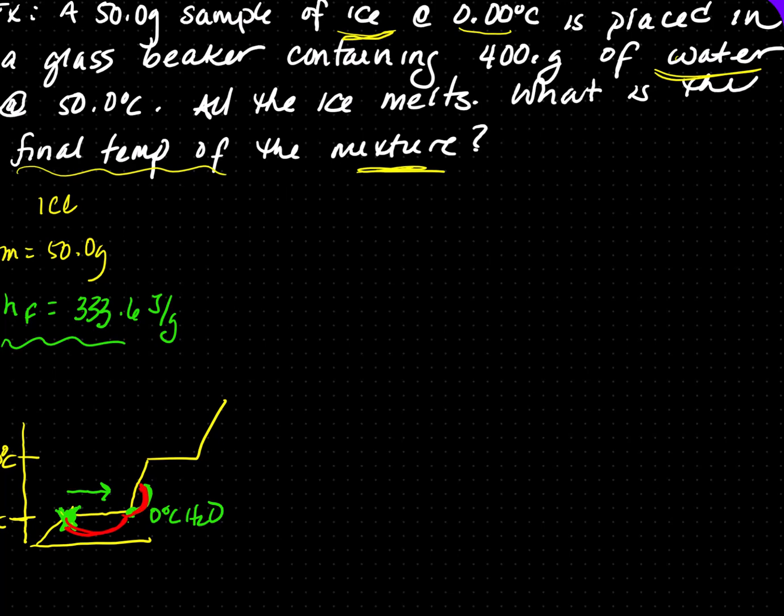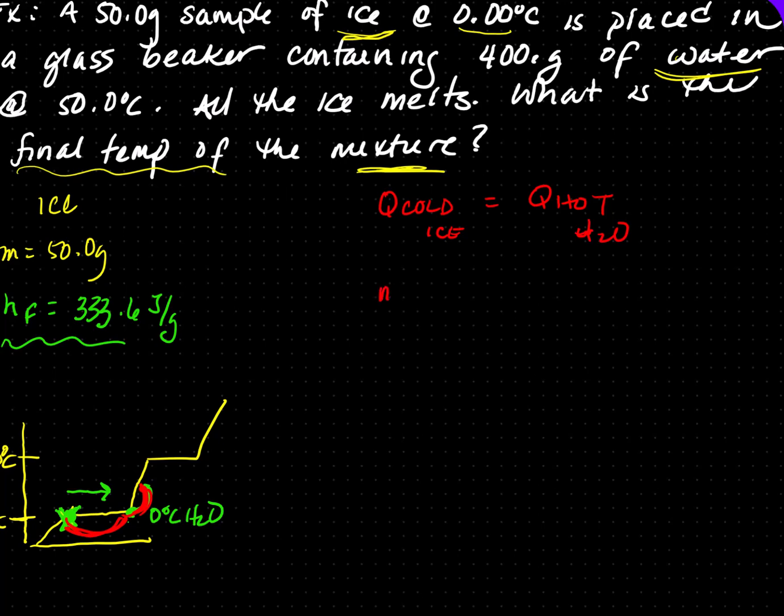So if I write my equation, Q cold equals Q hot. The cold is my ice. My hot is my water. Based on our sketch, there are two equations for the ice.